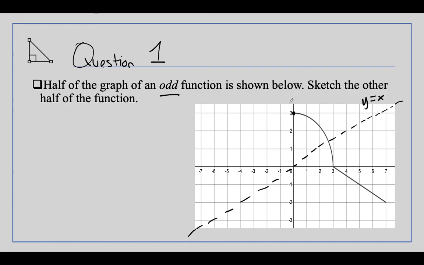So let's see. If this is 0, 3, right, then that means I should have a value at 0, negative 3. Okay, cool. What about this one? This is another big one. So if this is at 3, 0, then I should have one at negative 3, 0. So it should look a little bit like this. Something like that.